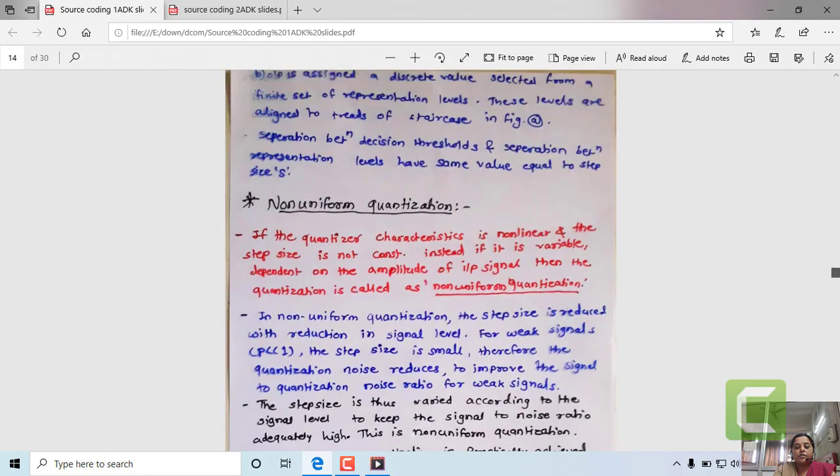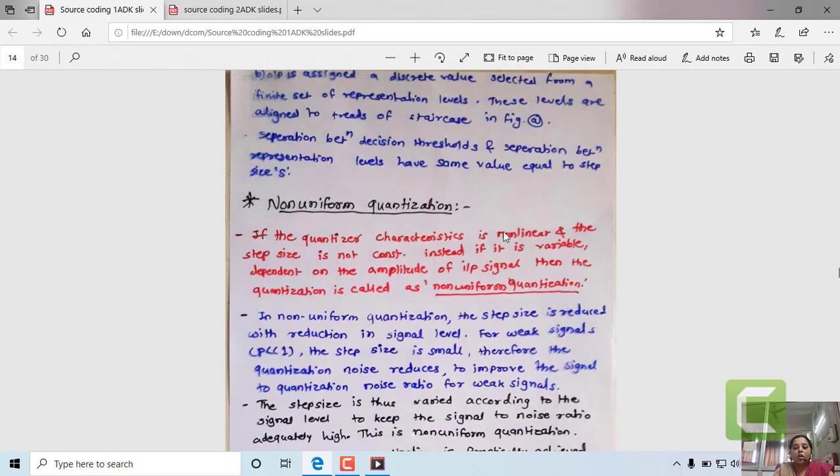Now we will switch to the non-uniform quantizer. Generally, the quantizer is doing the rounding off of the values. That means if there is a 1 volt level change at the input, I am not going to exactly observe that 1 volt change at the output. Because of this, even though there is a 1 volt change at the input, it will not be reflected as a 1 volt change at the output.